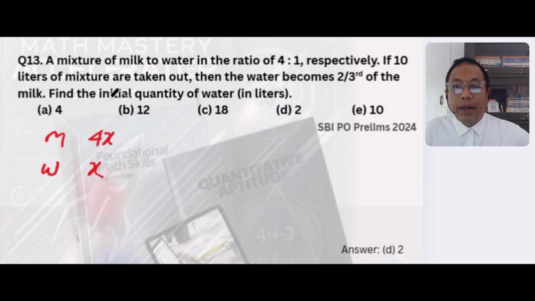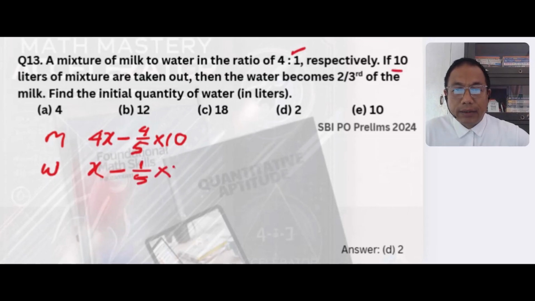If 10 liters of mixture are taken out, minus 4 part out of 4 plus 1 is 5 into 10, minus water is 1 part out of 4 plus 1, 5 into this 10.